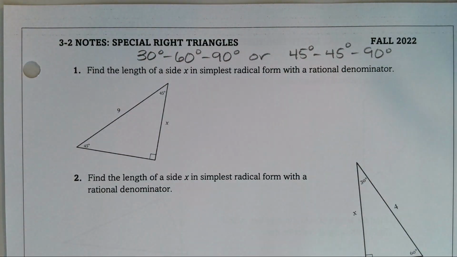Notice that the angles all add up to 180. Any other type of combination, you will learn how to do another day. Okay, so this is why these are called special right triangles, because this is the only combination that this approach can work for.